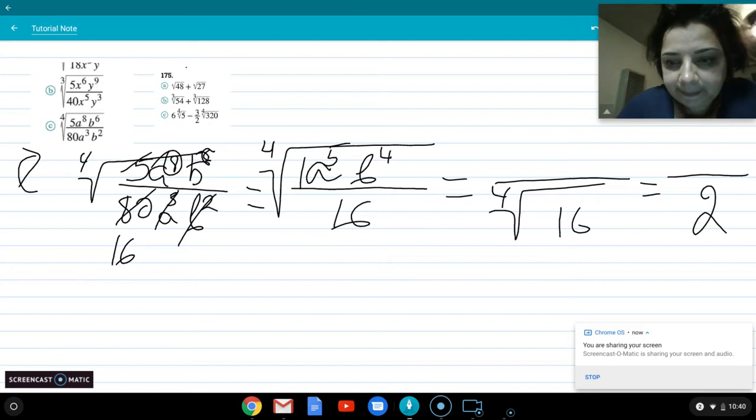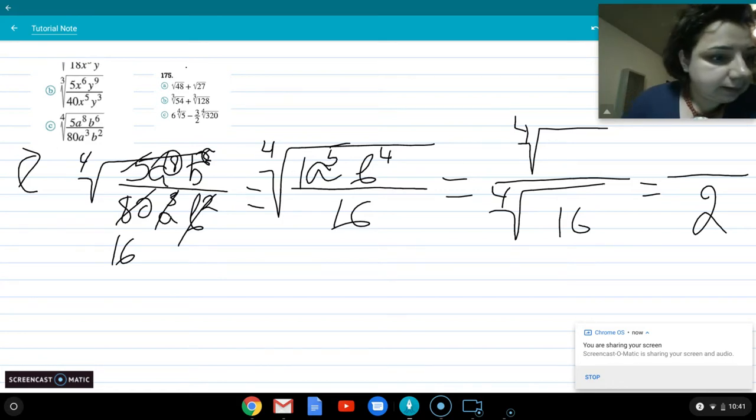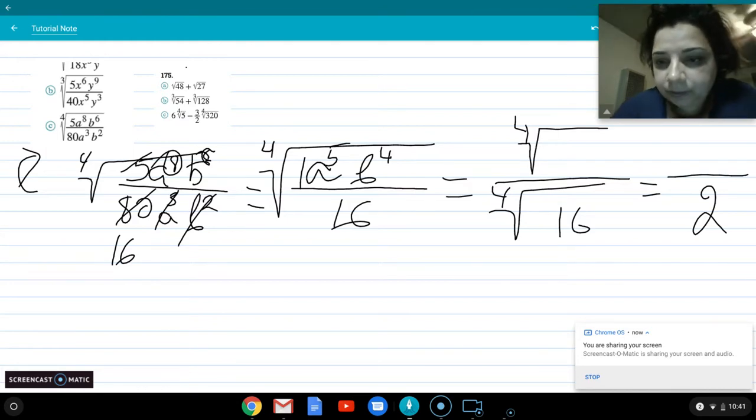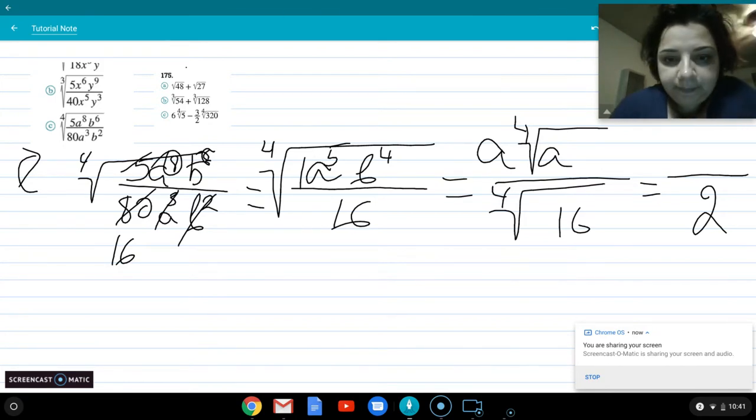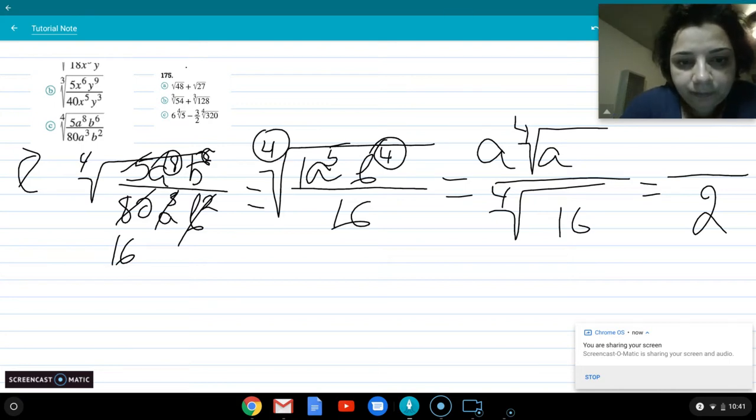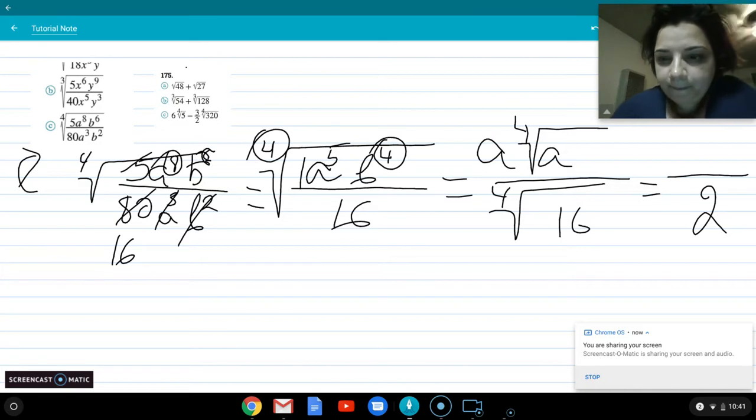And let's see what we can take out of the numerator. We've got a to the 5th power, which is a to the 4th times a, meaning you can take a out and leave a under the radical. b to the 4th power under a root with an index of 4 is b.